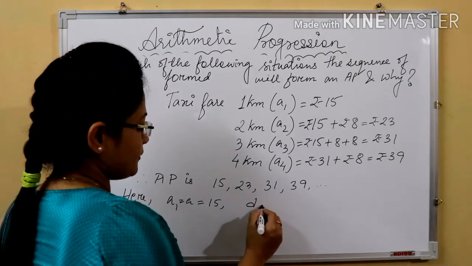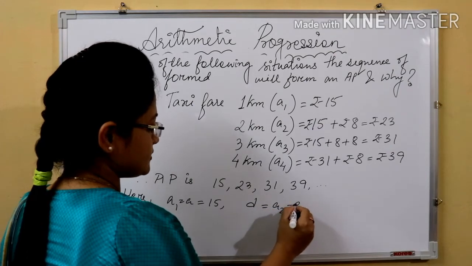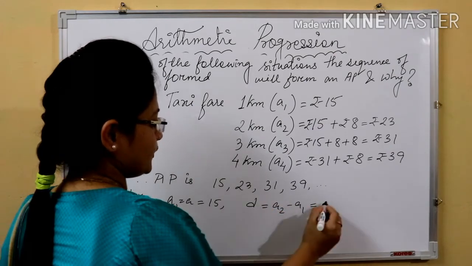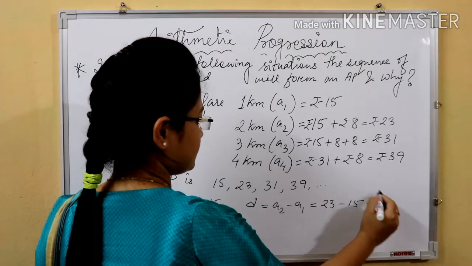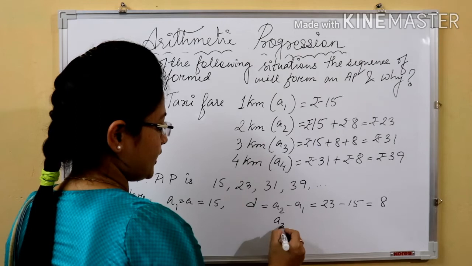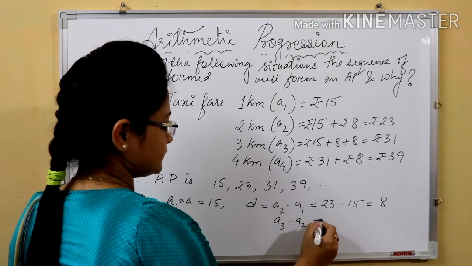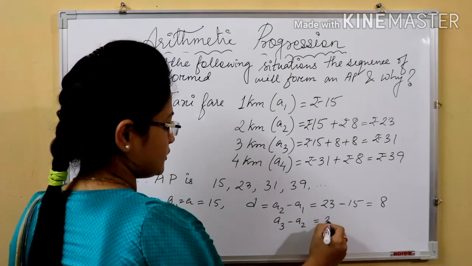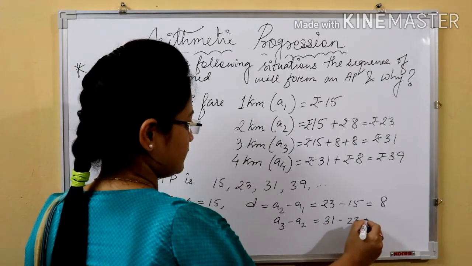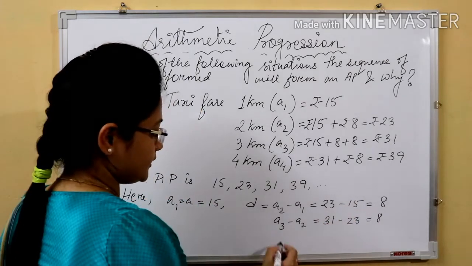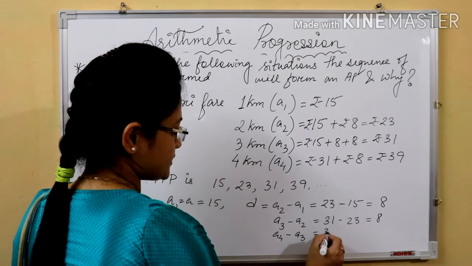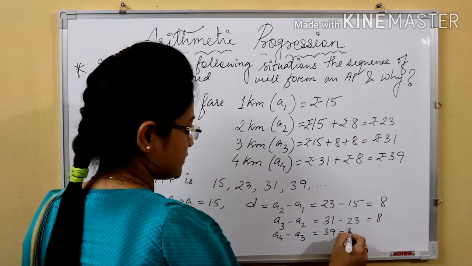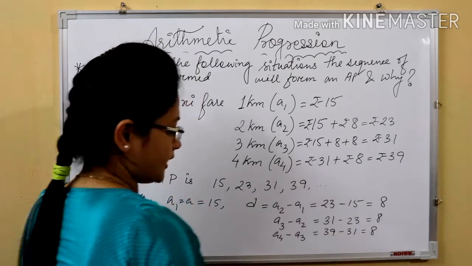Next we'll find the common difference, that means A2 minus A1, 23 minus 15, which will give us 8. A3 minus A2, that means 31 minus 23, which will give us 8. A4 minus A3, that means 39 minus 31, will give us 8.